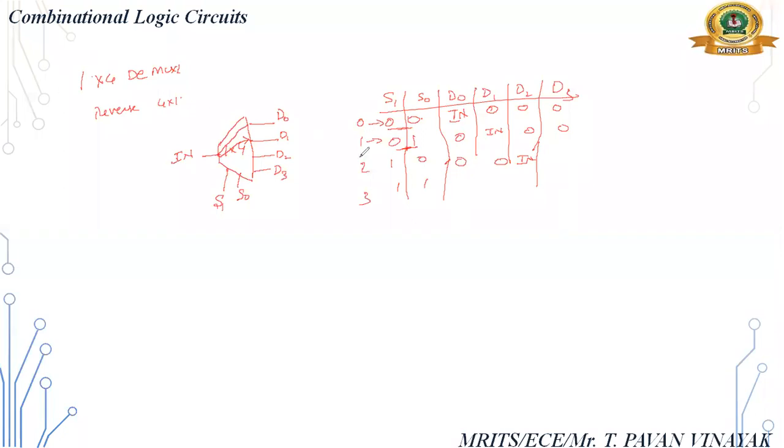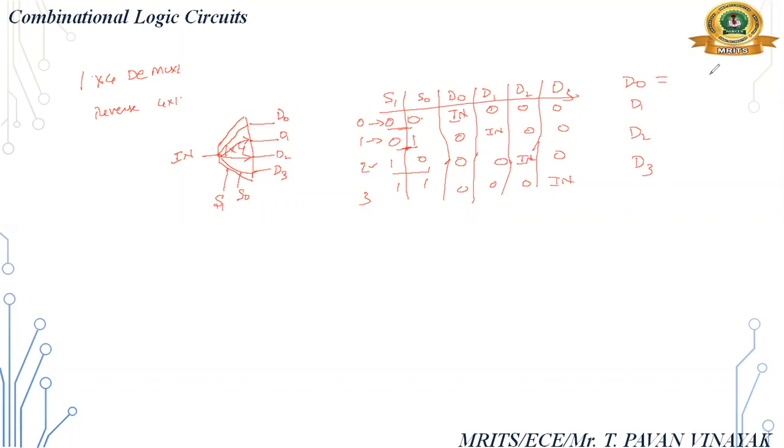Next 1, 0. 1, 0 means 2. Input is connected to D2. So for D2, IN. Remaining all are zeros. Next 1, 1. Input is connected to D3. Remaining all are zeros. Okay. And expressions are, we get D0, D1, D2, D3.